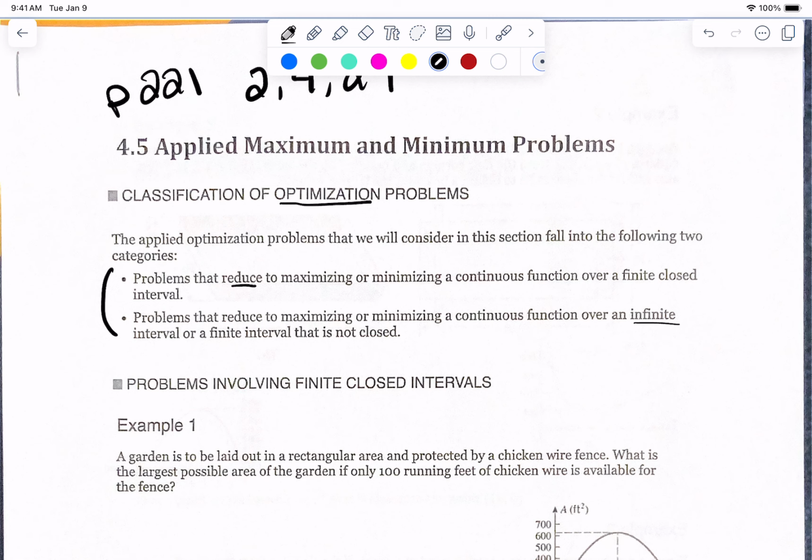If I only have a certain amount of resources, that's going to be a closed interval. So here we're finding maxes and mins, versus going from negative infinity to positive infinity, finding maximums and minimums along those intervals, which is what we just did. So this is story problem context for what we did in the last section, 4-4.